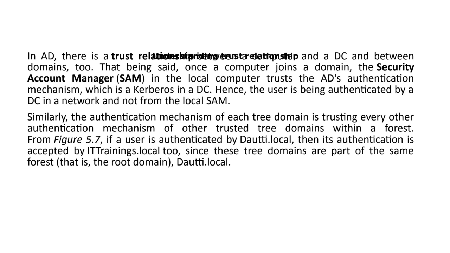SAM is where your authentication is stored when you log into your computer locally. On the domain, it's called SID; on the local computer, it's SAM, the security identifier of the local computer. Hence the user is authenticated by a DC in the network. Once you have joined the network, you will be authenticated by the network, not by your computer, because you are now part of the domain.